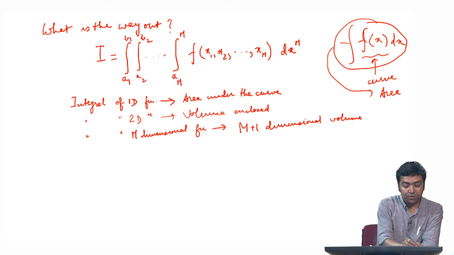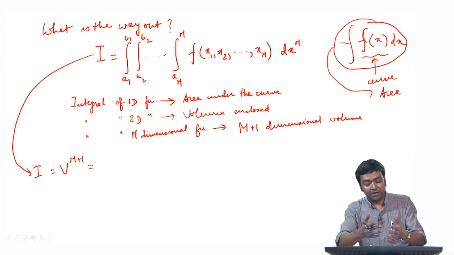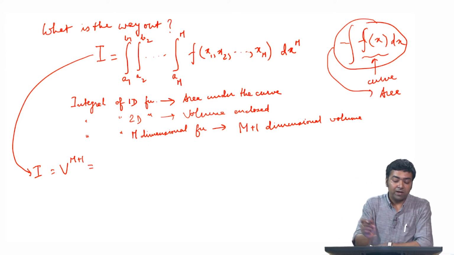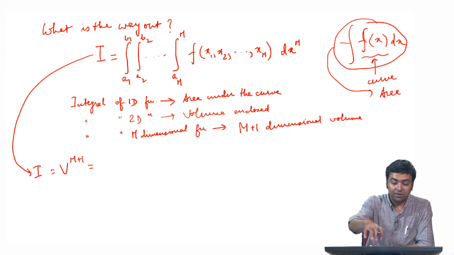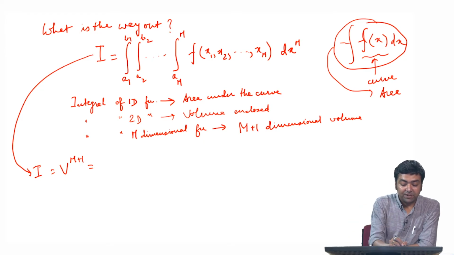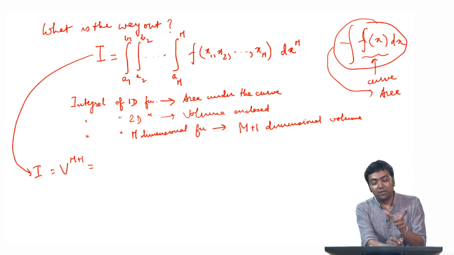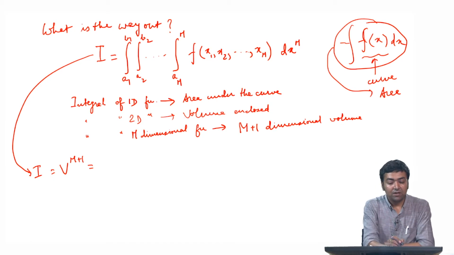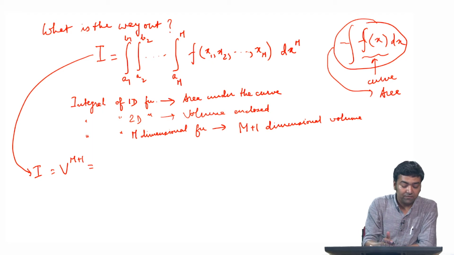So, I can write this integral I in the following fashion. I is nothing but an (m+1)-dimensional volume, and we try to discretize it. How will we calculate the volume enclosed by this m-dimensional function? If we remember the one-dimensional trapezoidal rule, we took the length along the x dimension. But here we have m dimensions, so we have to take the lengths along each of the m dimensions.